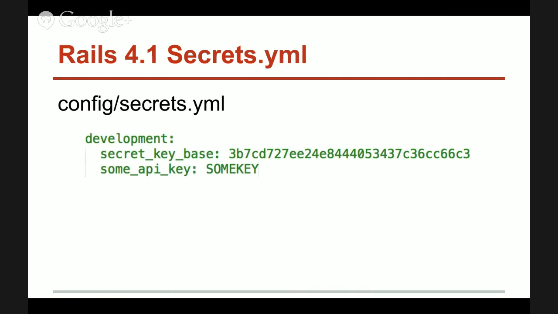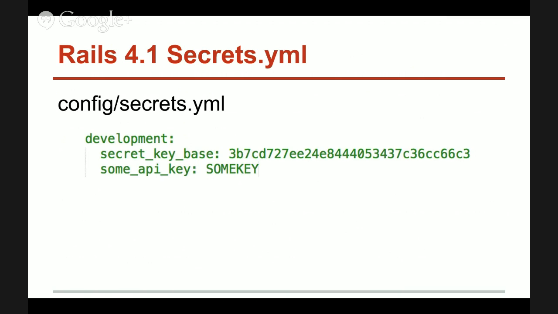To start, because this has been an ongoing problem, Rails finally in 4.1 has integrated a solution called Secrets YAML. Now if you start a Rails 4.1 project, a Secrets YAML file is generated for you. This is just an example of the YAML file.